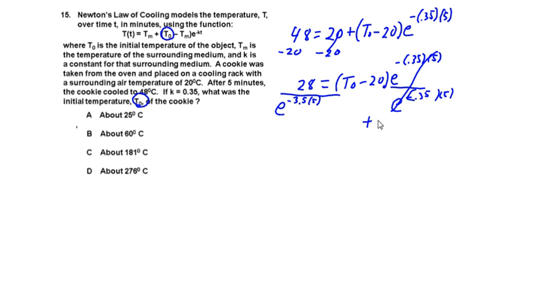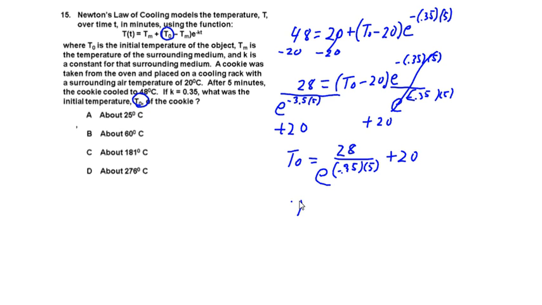Now if we add 20 to both sides, t sub 0 is equal to 28 over e to the negative 0.35 times 5, plus 20.